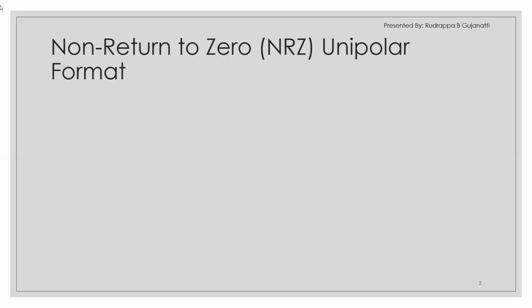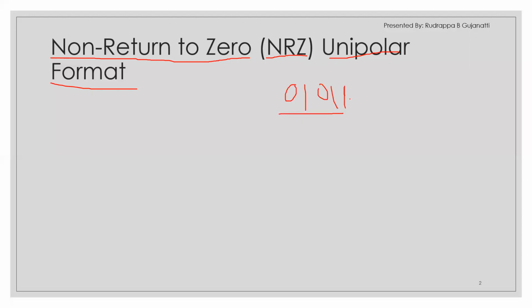The first one, which comes as the simplest one, is non-return to zero. Why it is called non-return to zero or NRZ, we'll check out. And under that, we'll be discussing the unipolar format. Whenever you have digital information, it will be in terms of ones and zeros.